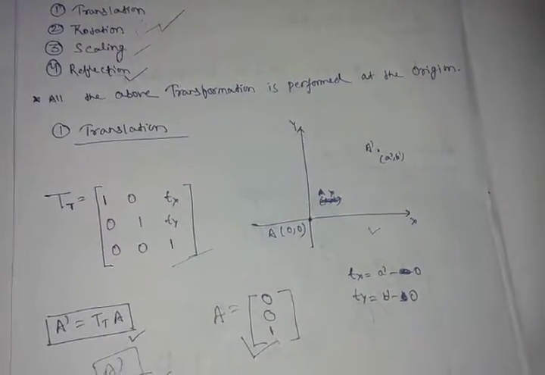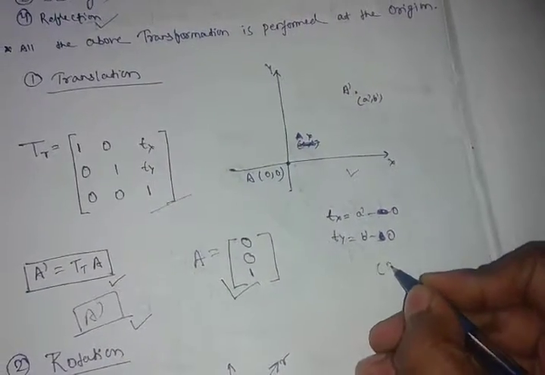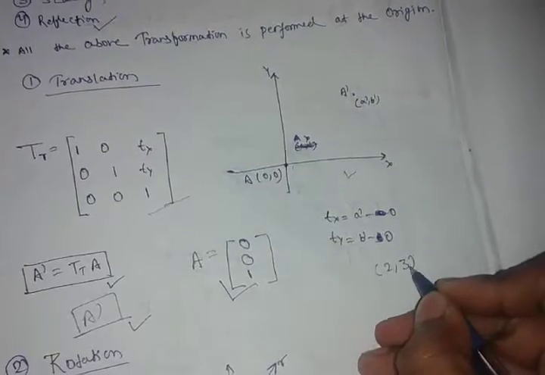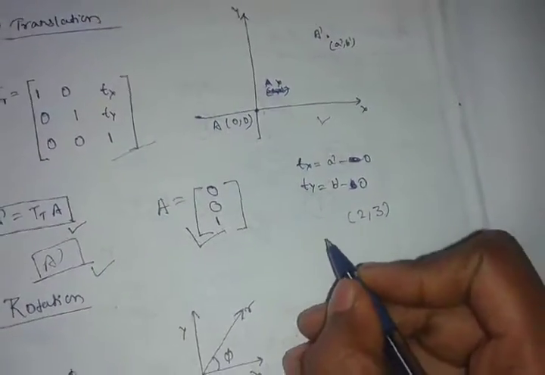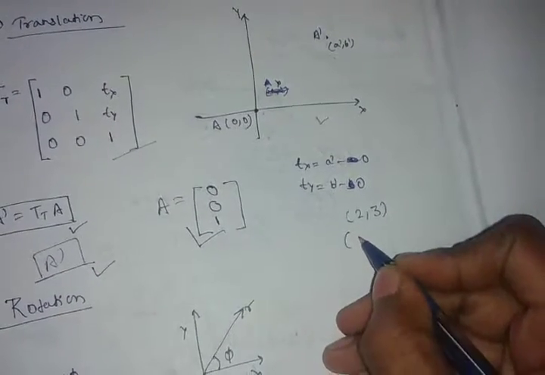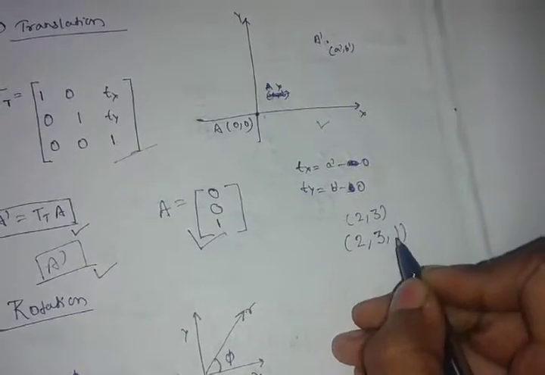What is a homogeneous matrix? If you are given a point, say 2, 3, and you want to convert it to a homogeneous coordinate, you write it like 2, 3, 1.